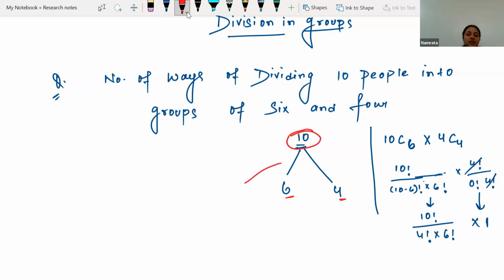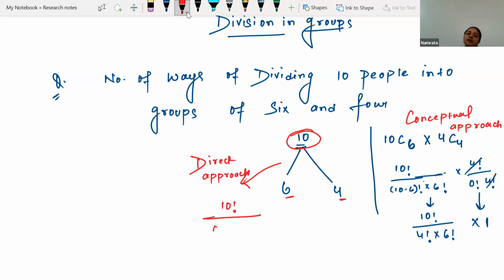That is the conceptual approach, and the direct approach says that we can do it directly by taking 10 factorial by 6 factorial and 4 factorial.